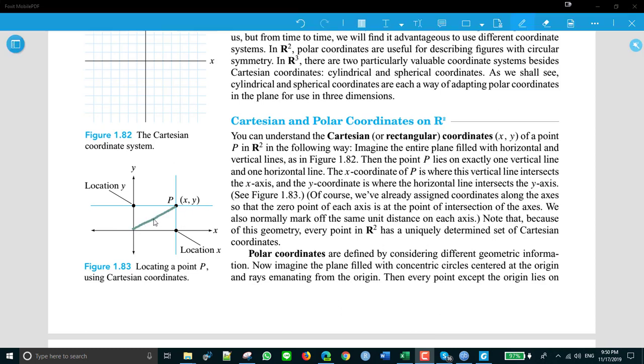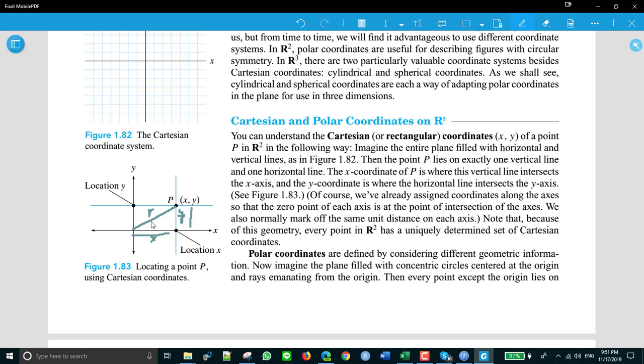This distance from the origin is related to Y, this length is Y, and this length is X. So obviously X squared plus Y squared equals the distance squared. So there's a relationship between the radius, or the distance from the origin, and the X and Y coordinates.